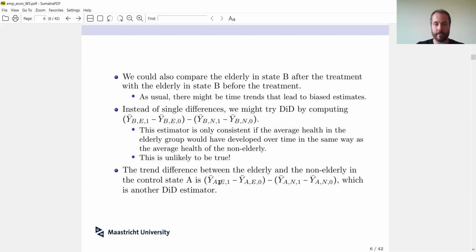If the parallel trends assumption were to hold, this difference-in-differences estimator should be close to zero because there has been no treatment in state A, right? So we should find something that is close to zero. However, in this case, because the trends between the elderly and the non-elderly are different, we will find something that is probably not zero, right?